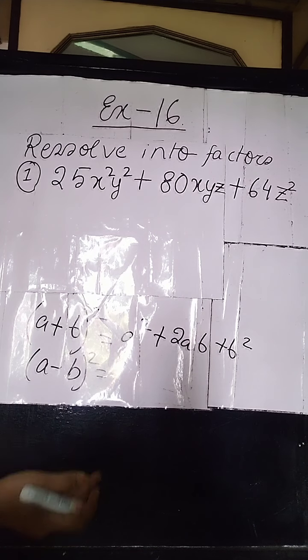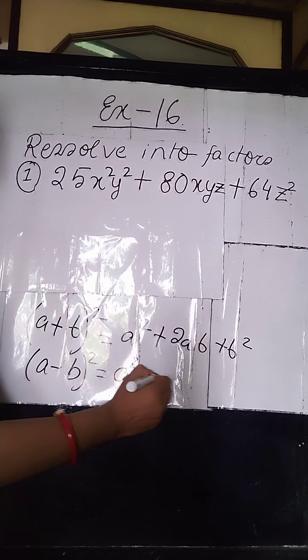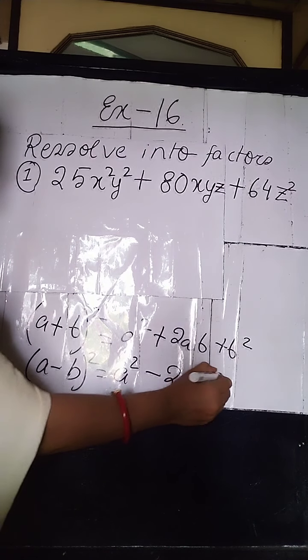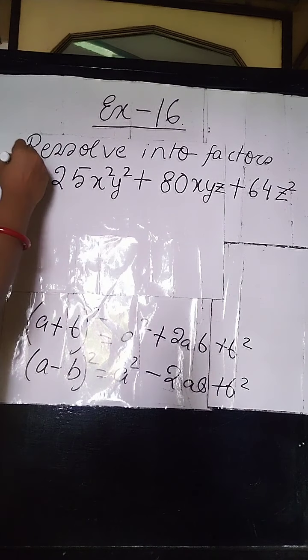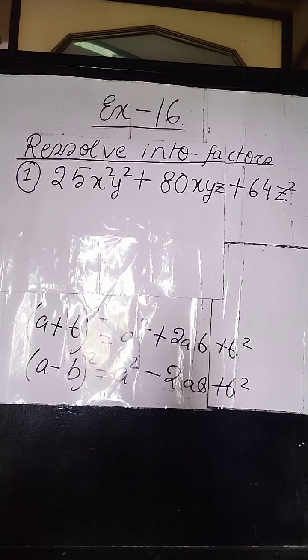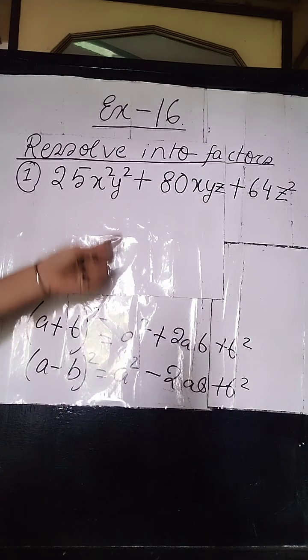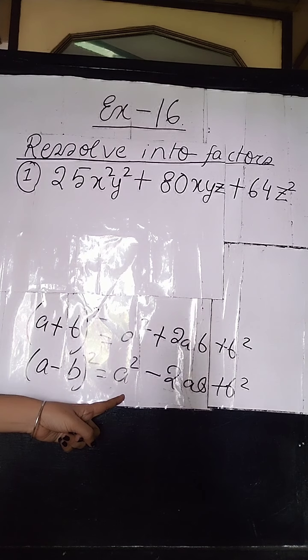And the derivation of a minus b whole square was a square minus 2ab plus b square. You have to relate the sums of resolve into factors with these formulas.